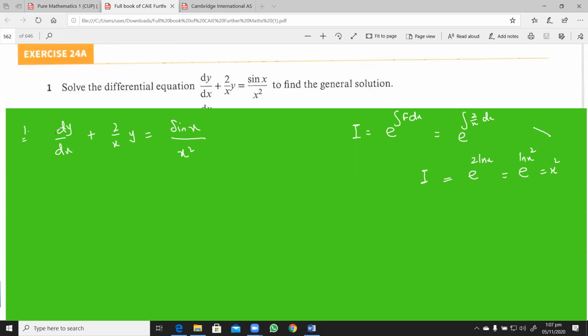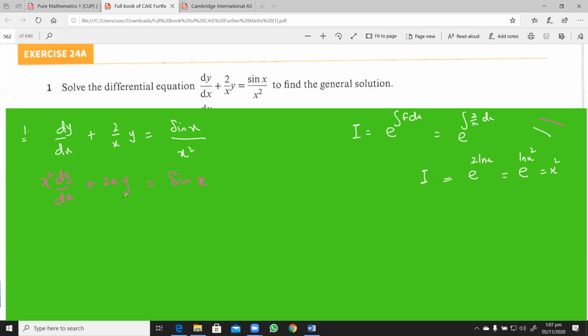So now we're going to multiply the whole equation by x square. So this will be x square dy by dx plus 2xy. I think you can see this very clearly. Is it fine or should I change the color?